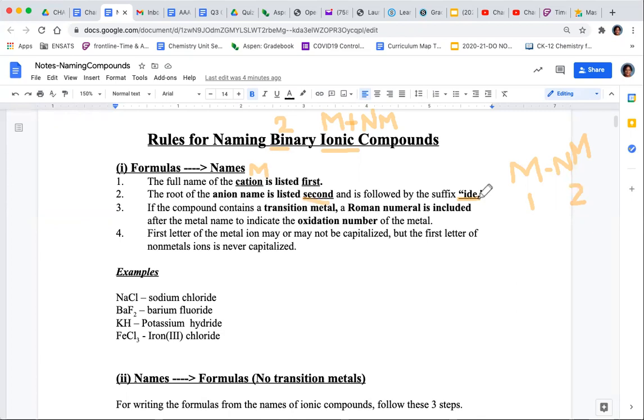So check the second page. I have given a list of non-metals and how they end. Why don't we do a little practice before we move on to the third point? Turn to the second page and let's see the list. We will do this together.